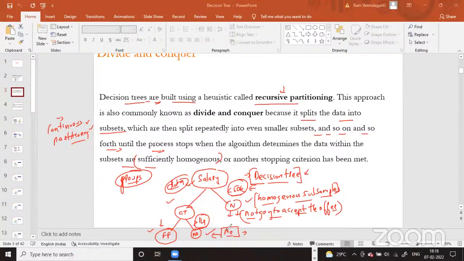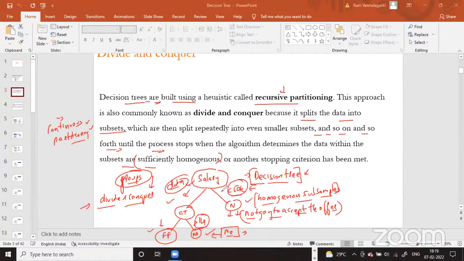I'm going to stop when I have sufficiently created my homogeneous subsets, using which I can take my decisions, whether to accept the job offer or not. This procedure is called divide and conquer.